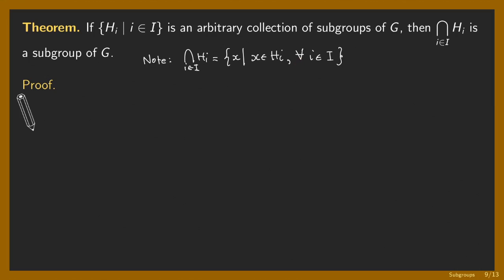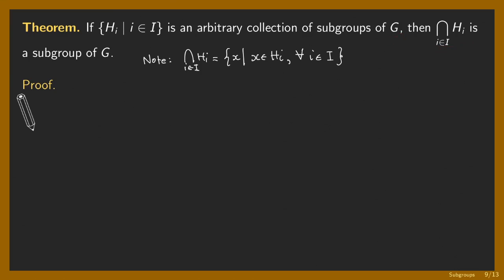Okay? So how do we show that this is a subgroup? First, I want to show that this is non-empty. The first element that has to be there, of course, is the identity of G. So why is the identity element of G here?